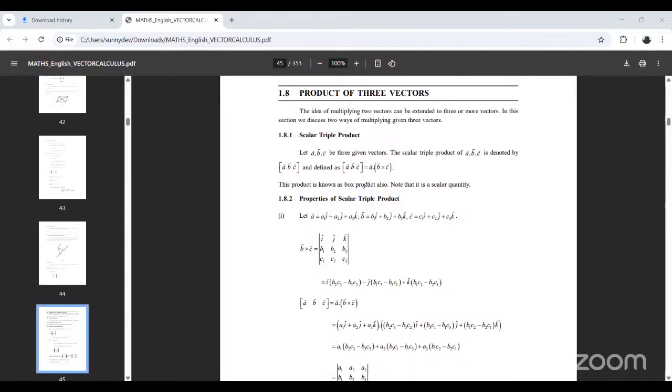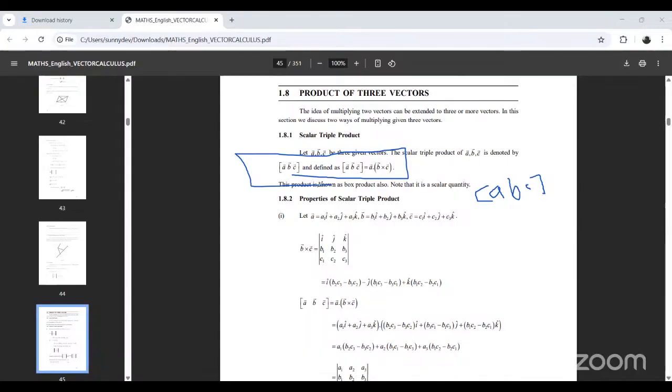Now, if there are three vectors, we can denote it as the bracket of A, B, C. If A, B, C are the three vectors, the scalar triple product of A, B, C is A dot B cross C. Again we are getting one scalar.